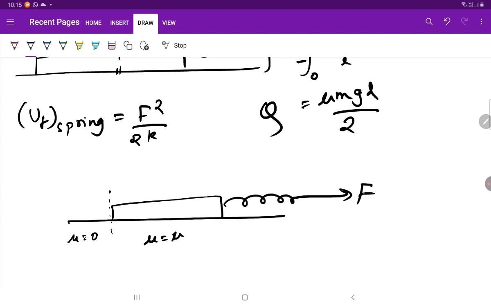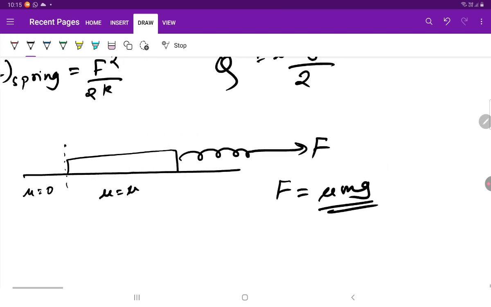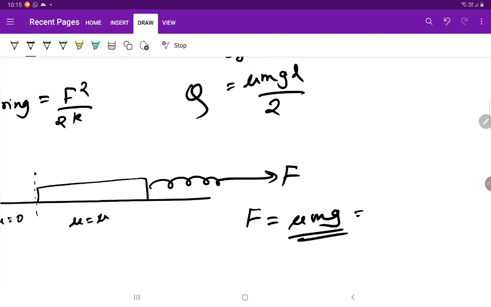The spring will get stretched so that the block just tends to slip. When you pull the block, you move it through infinitesimally small displacements so that each step of the process is at equilibrium. So in the end step at equilibrium, can you tell me the force? Force will be mu mg. That's it. So you can say that mu mg can be written as 2Q by L, right?